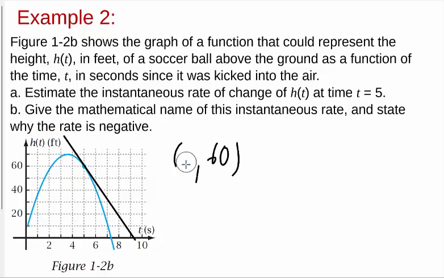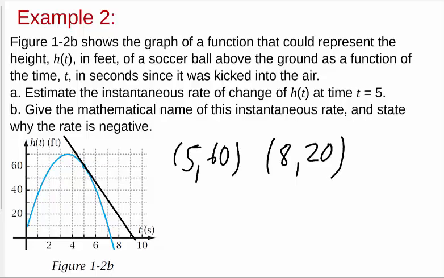That was my mistake. In fact, that's what we want. We want 5. Good. 5, 60. And then I can see that it should be about 8, 20. I could say that those are 2 reasonable points.